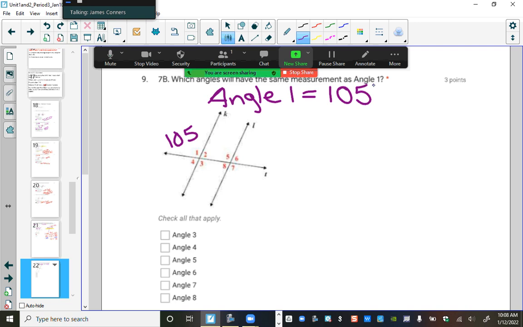I know it's a little difficult, being that on the previous page you were told angle 1 was 105 degrees. We need to figure out now, since angle 1 is 105 degrees, well, we also know the measure of angle 2.